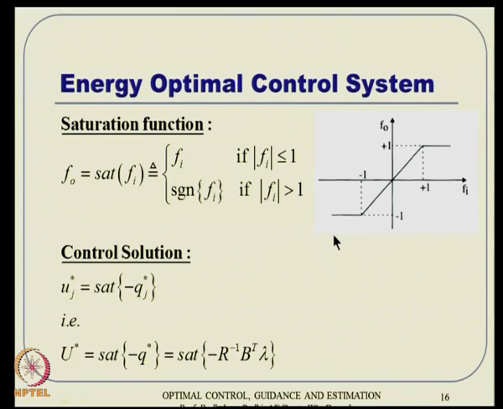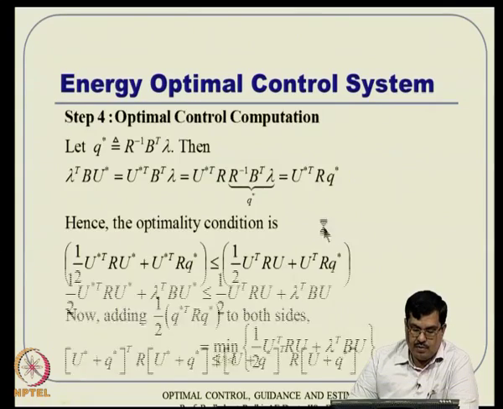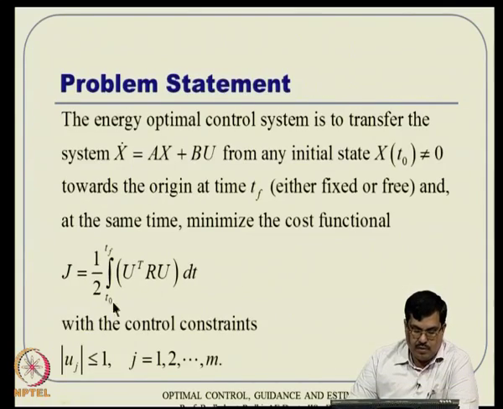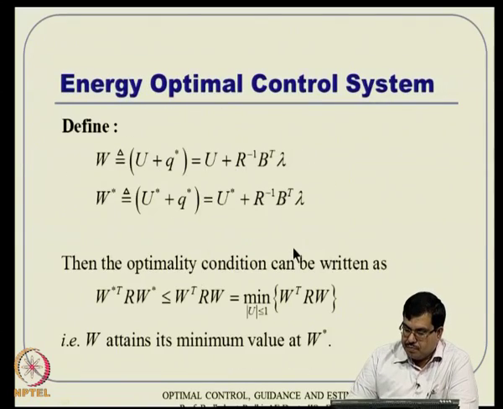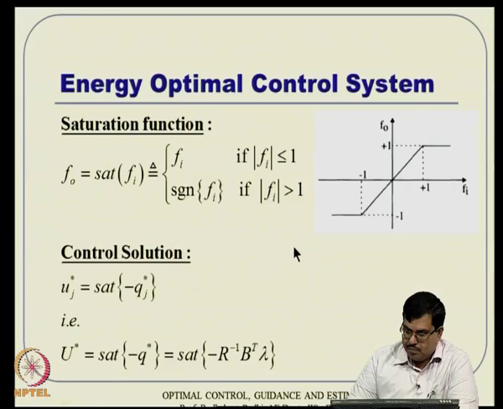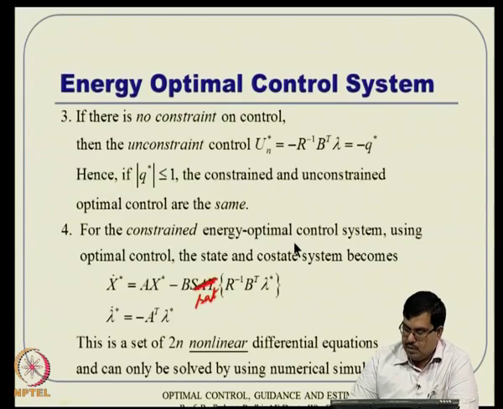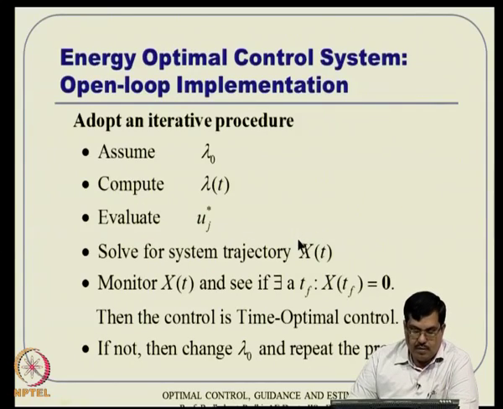Even if you do not know optimal control theory, this is how we implement it. Naturally, it turns out to be the case when you talk about a quadratic function of U being minimized, that means energy optimal control. This kind of a cost function.